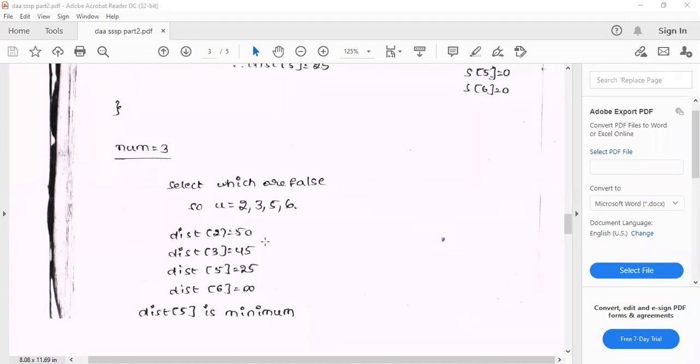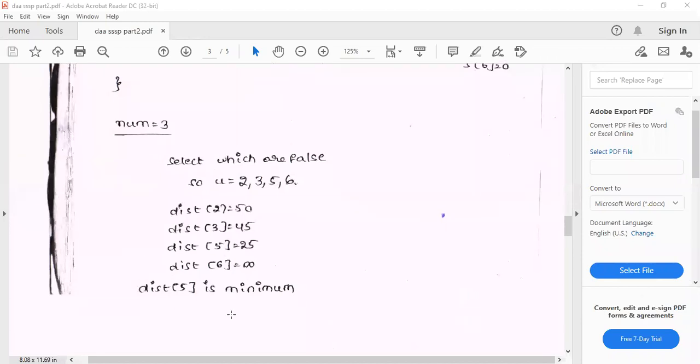By using the previous visited vertex, 4, the nearest vertex is the fifth vertex, with distance 25. So distance 5 is minimum.